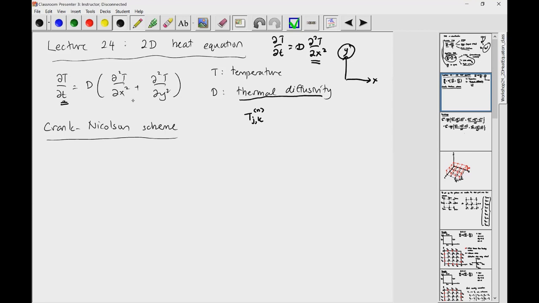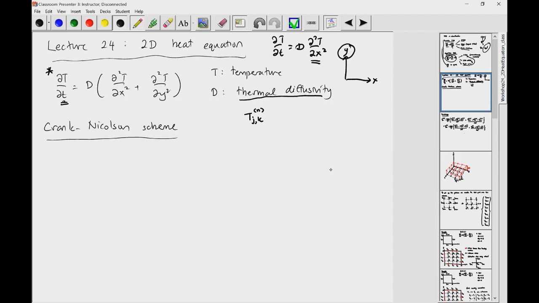Okay, so if this is the PDE that you want to solve, do you guys remember the Crank-Nicolson scheme? Are you guys there? What is the Crank-Nicolson scheme? How do you write the left-hand side for the Crank-Nicolson scheme? Sir, the left-hand side should be in the central scheme, right?